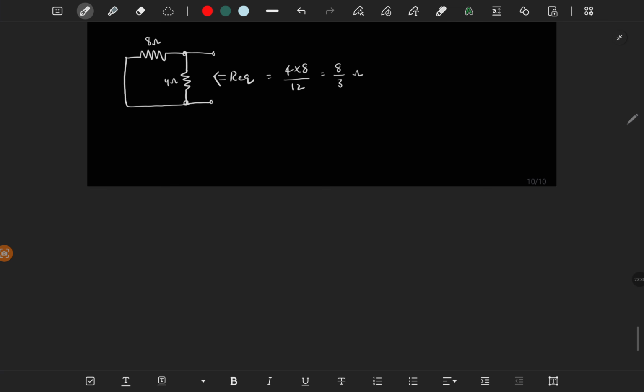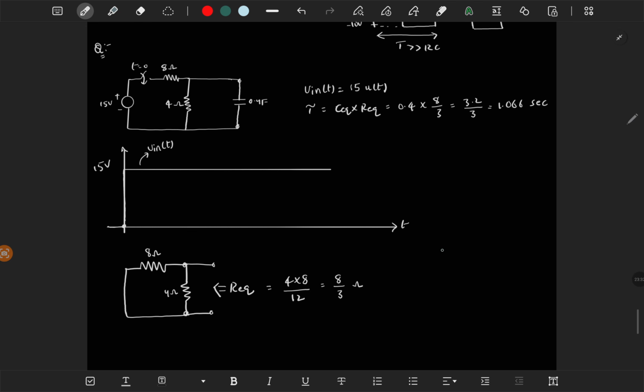So at steady state, t tends to infinity, the capacitor is fully charged and there is no further current flow. It means it is open circuit. So if it is open circuit and there is no current flow here, this is 15 volt.